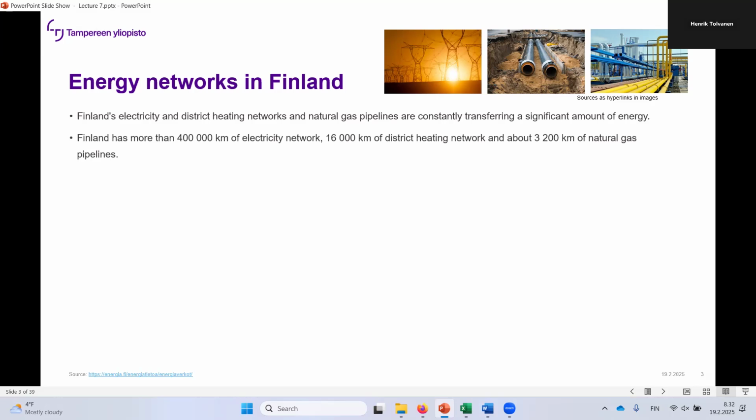And a key characteristic of these networks is that the electric network is a lot easier to build compared to the gas network. The gas network operates at a high pressure, but the downside for the electricity network is that the gas network actually has much higher capacity to transfer energy.